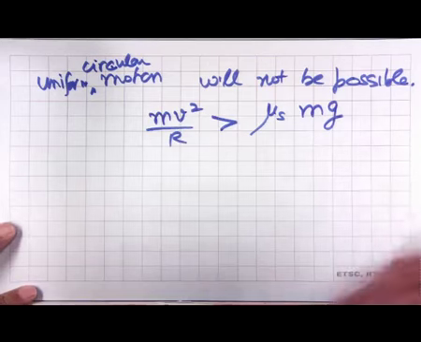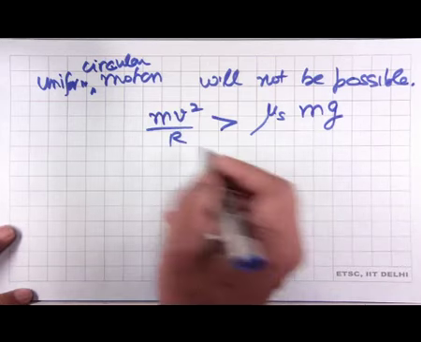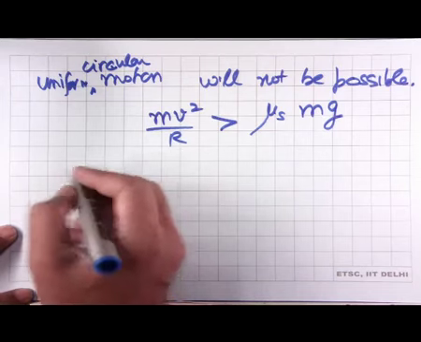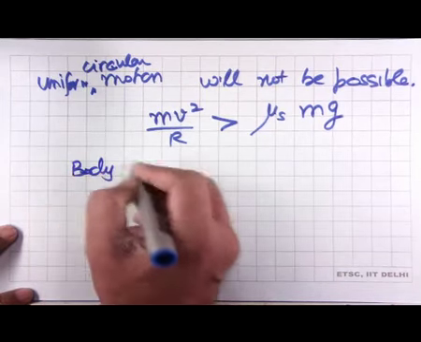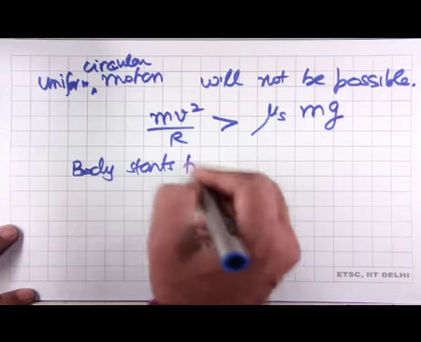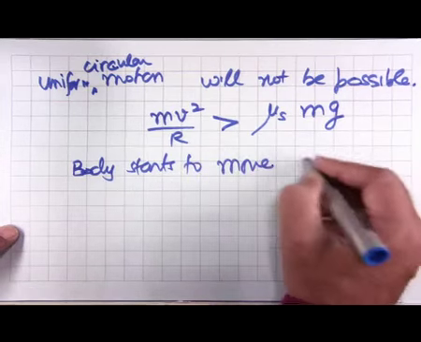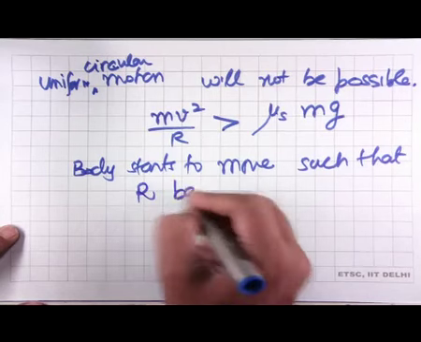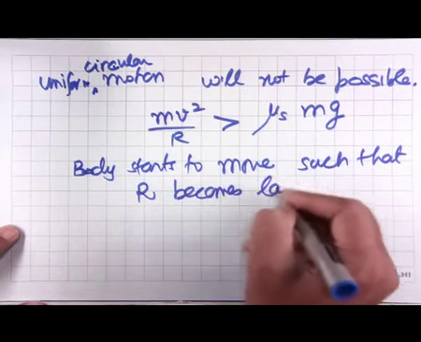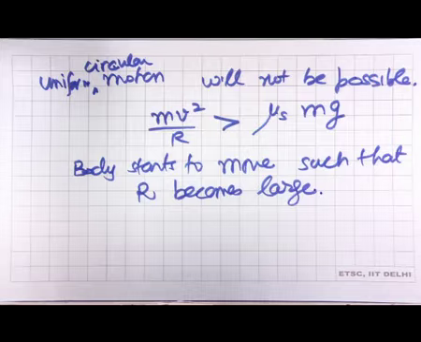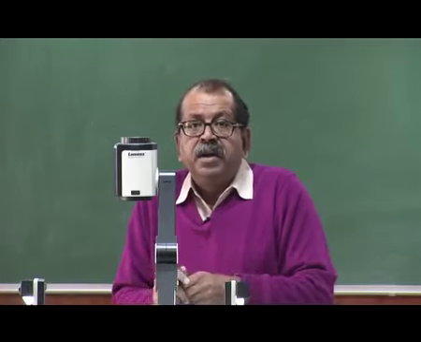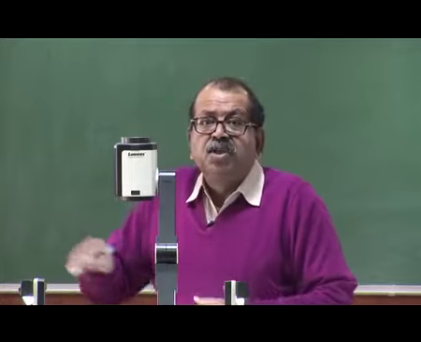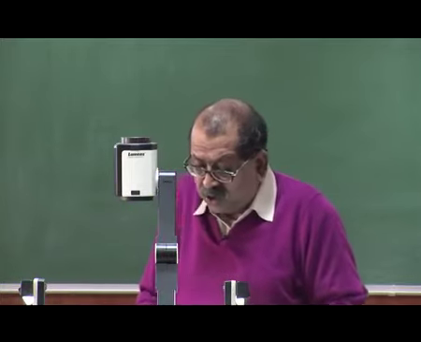Because once this happens, this circular motion will not be possible, and what will happen is the body starts to move such that r becomes large, because that is the only force which friction can provide, and because that is not there, the acceleration is in the opposite direction, friction is not enough.